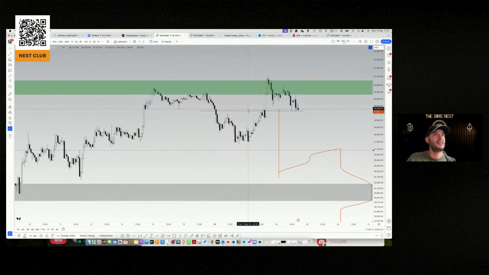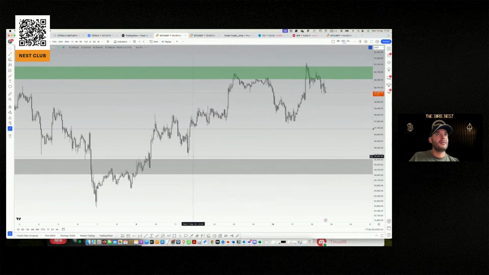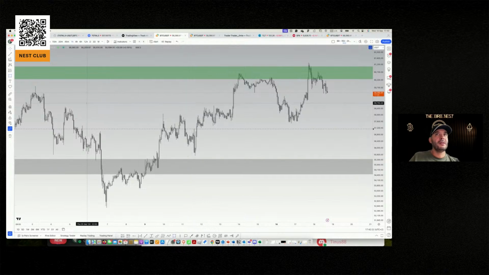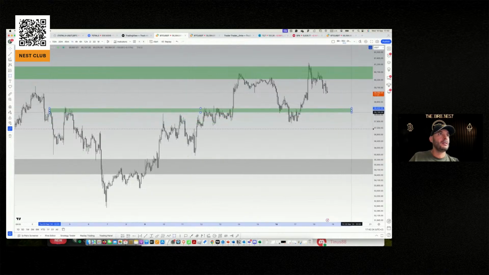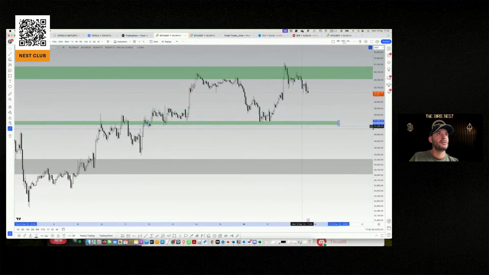This is really thin. It can break this level very easily. The level very interesting to me would be this level. I want to see if Bitcoin goes to this level after the FOMC.